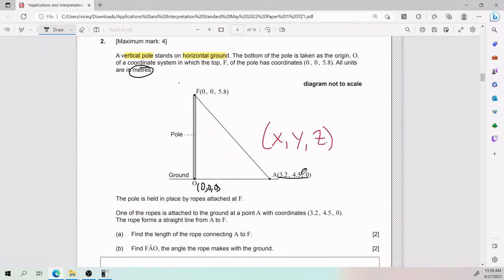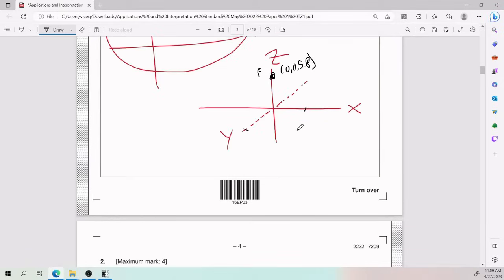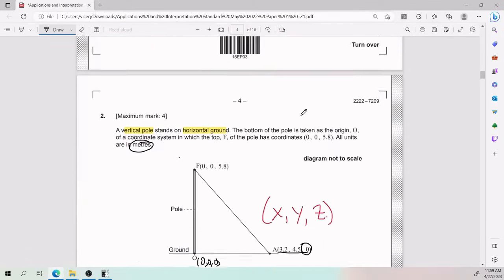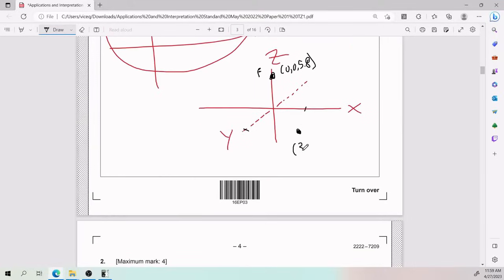So 0 means that it's at 0 height. That means it's a point somewhere around there. So that is my 3.2, 4.5, and 0. And so here I have a pole, right? And I have a rope that goes like this. Okay. And so that is what's going on.